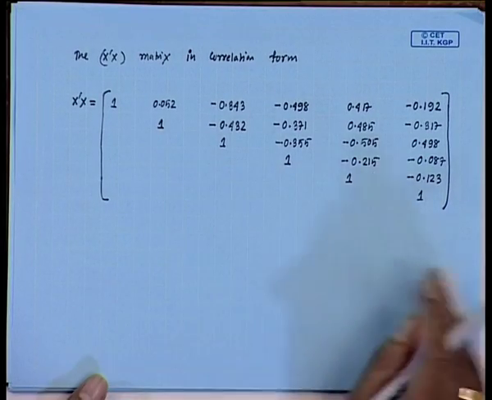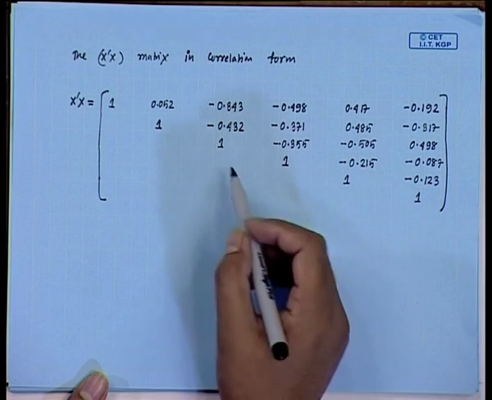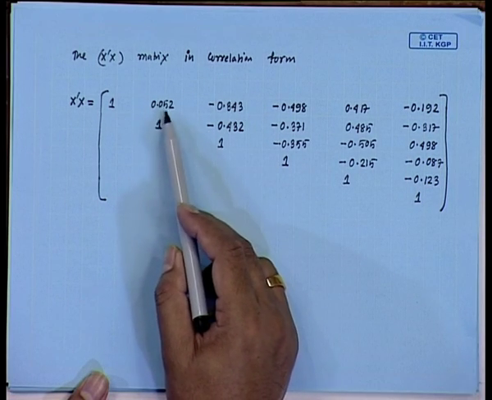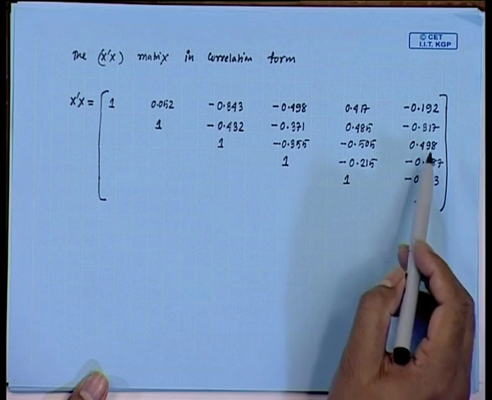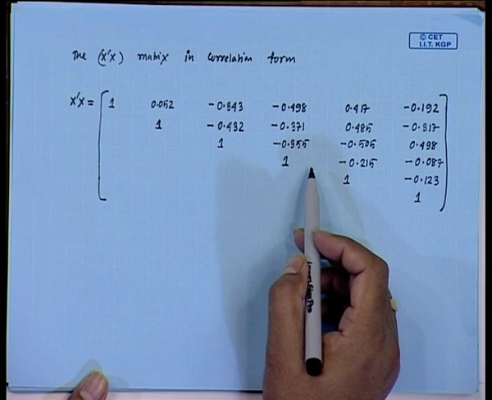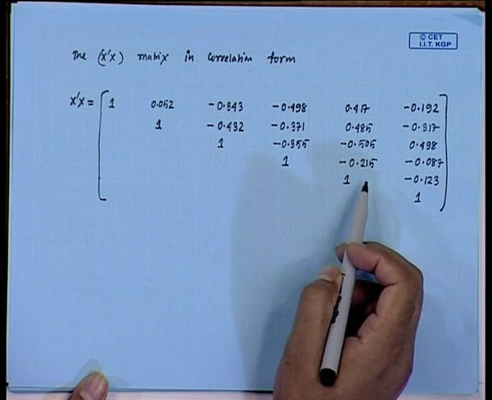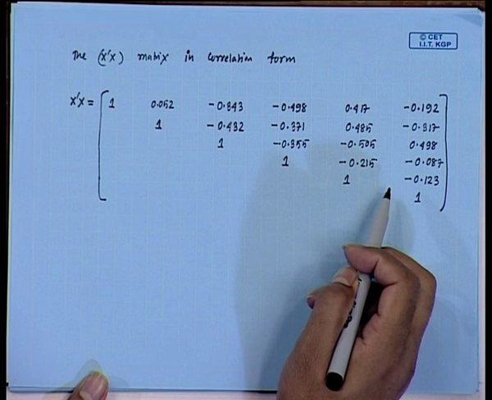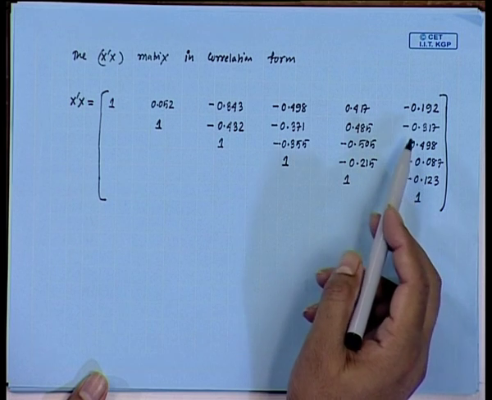So first we compute the correlation matrix for this data, and here is the correlation matrix for the Webster data. You see the off-diagonal elements here, none of them are suspiciously large.